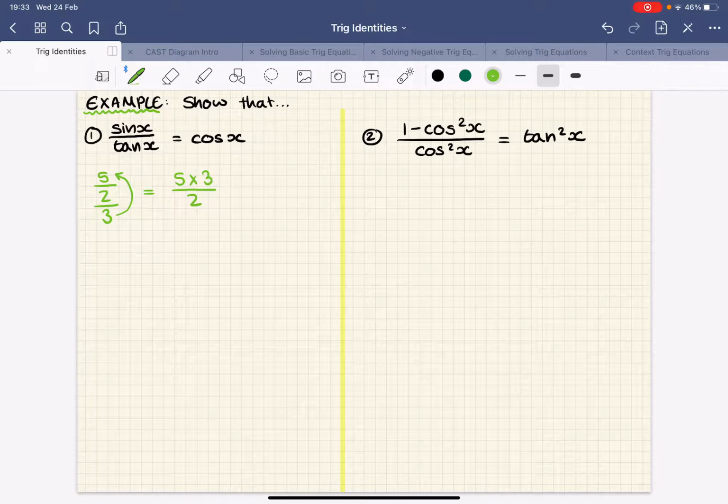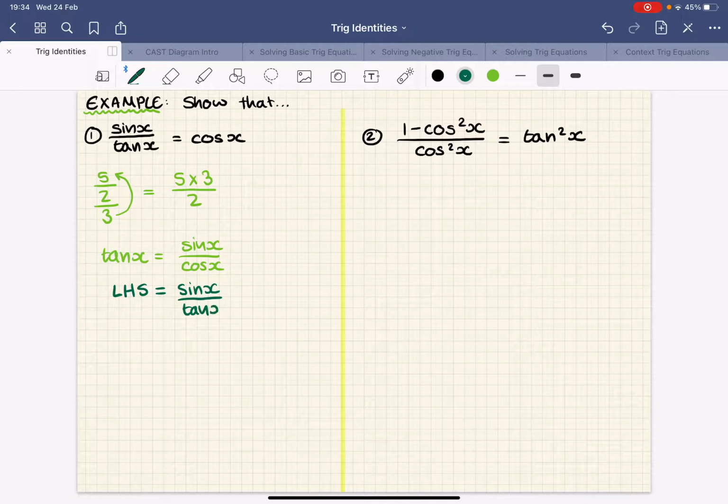So looking at that, the fact I can see a tan means I'm instantly going to use that tan x equals sine x over cos x. Putting that into that expression, I'm going to start off by writing left-hand side, and writing out what the left-hand side is again. Then I'm going to swap out the tan x for the fraction.